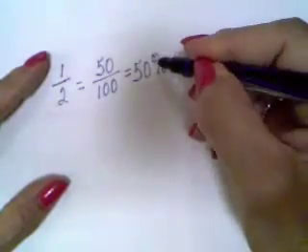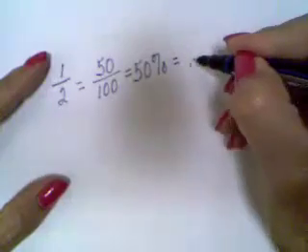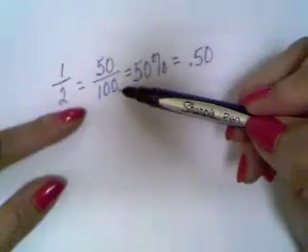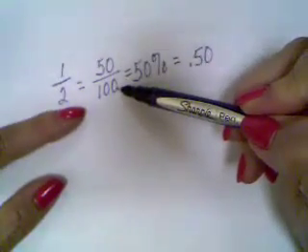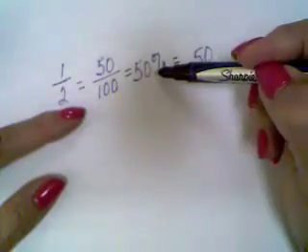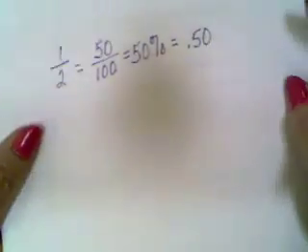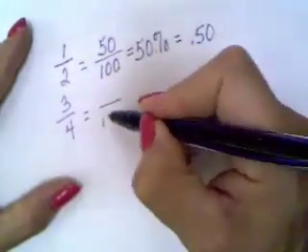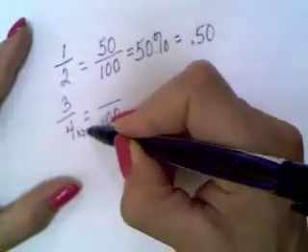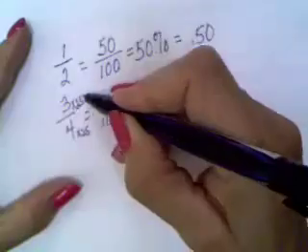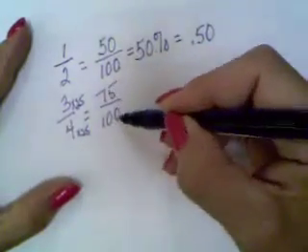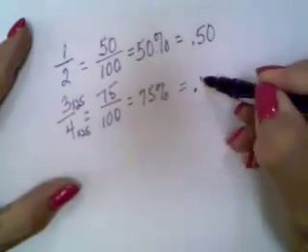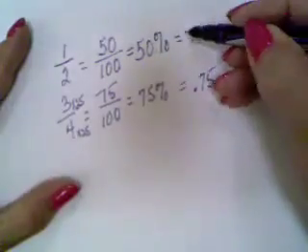And if I have the percent, then I also know the decimal. So having a denominator of 100 is the key to getting a percent and a decimal value. If I have 3/4 and I make a denominator of 100, then I have 75 hundredths, which is 75%, which is 75 hundredths as a decimal.